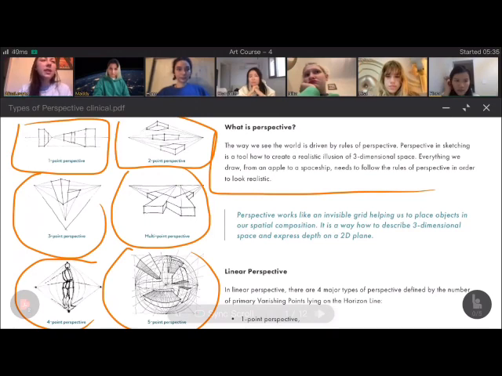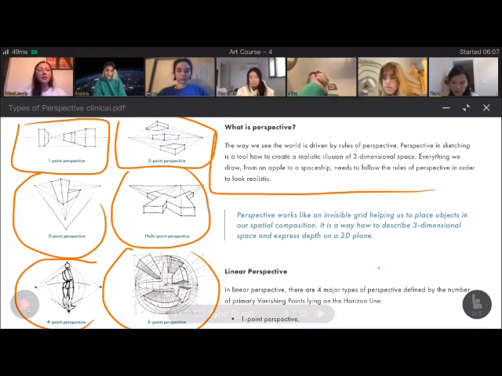As you can see, perspective helps us create something that looks like more than just a flat surface, right? Just like when you stand at one end of a street, you see the other end of the street. The same is in art. You can create the same feeling of space using perspective. Perspective can be linear. In linear perspective, there are four major types defined by numbers.